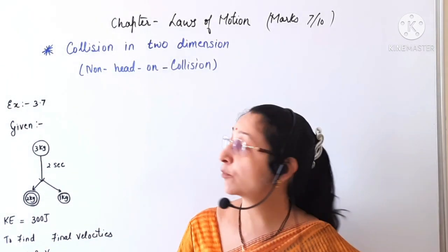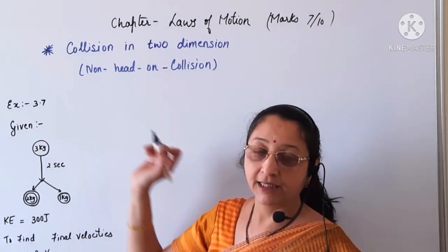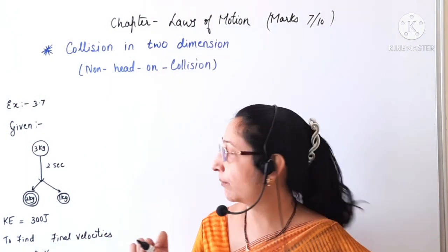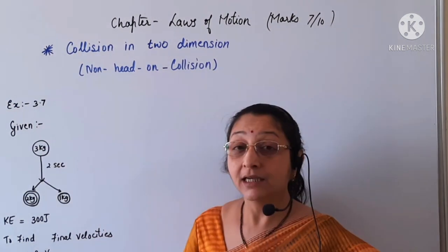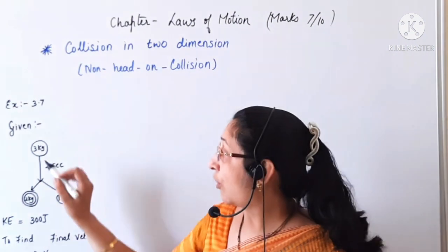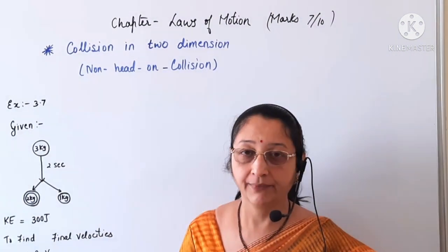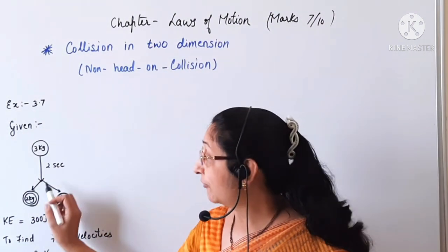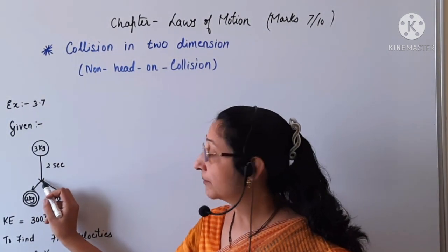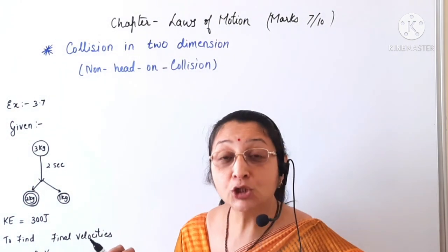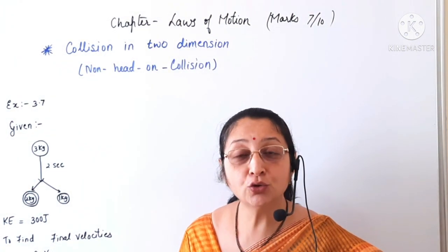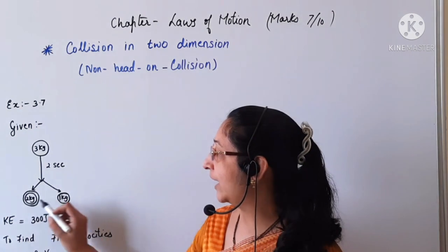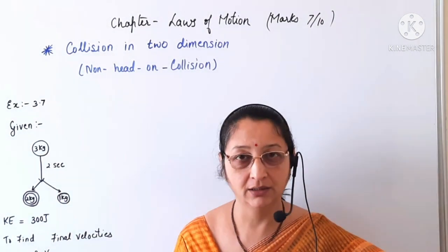So we are discussing problem 3.7. Given in the problem is a shell of mass 3 kg which falls for 2 seconds, and after 2 seconds it explodes into two fragments of 2 kg and 1 kg.